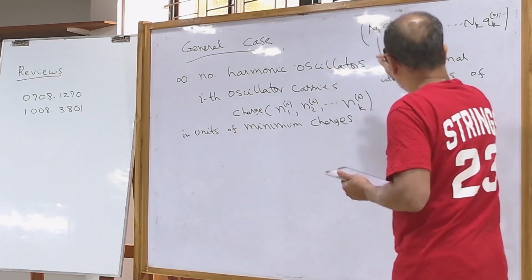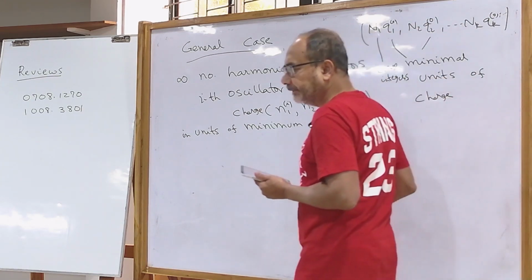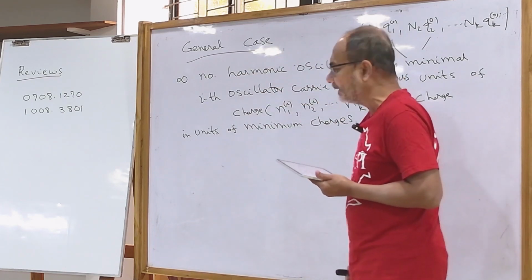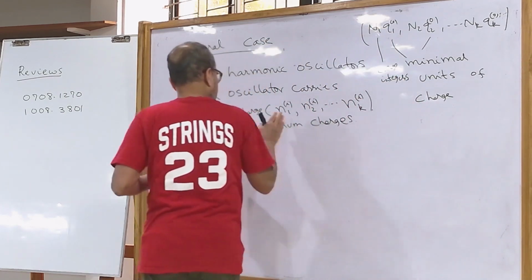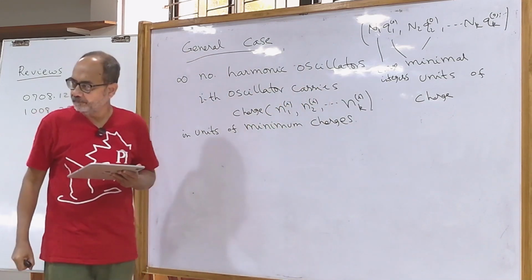So you want to count the total number of states of this kind, and the quantum system that you have to deal with typically consists of infinite number of harmonic oscillators, and the ith harmonic oscillator carries these many units of charge for each of those k charges.